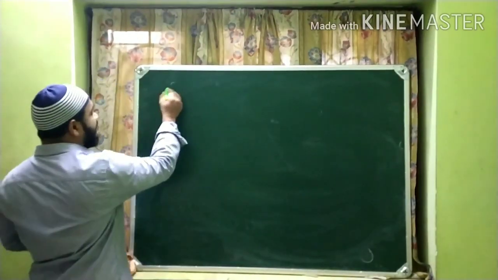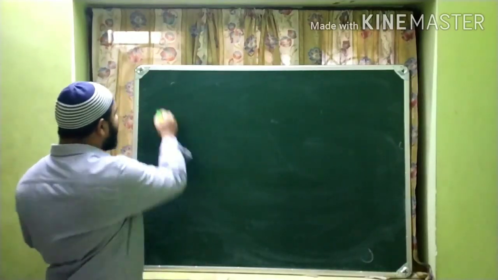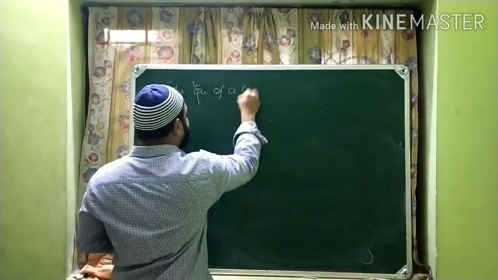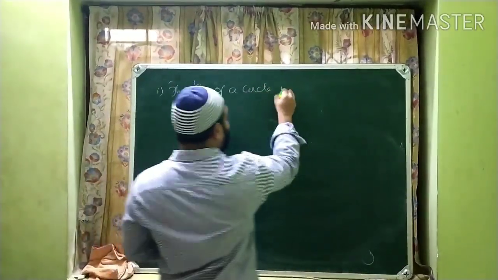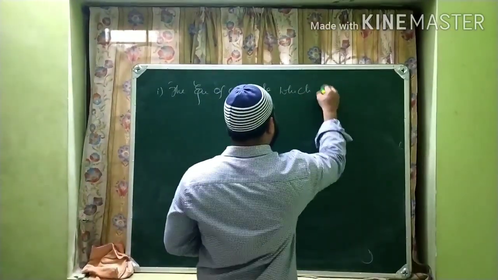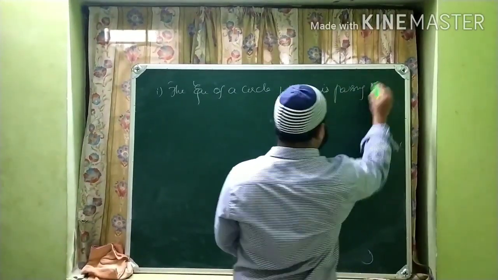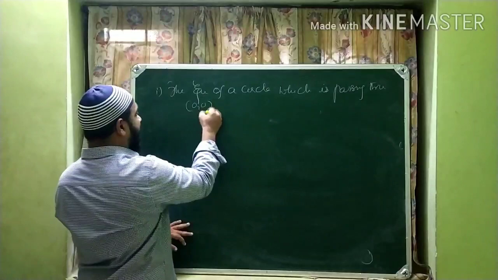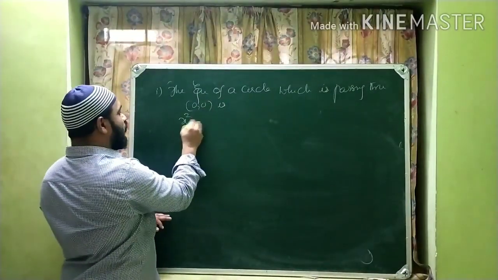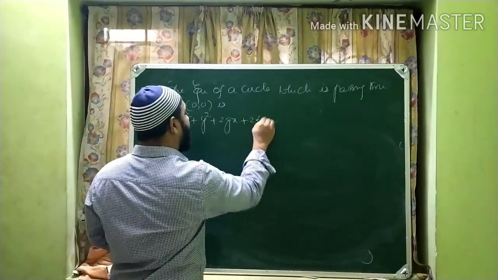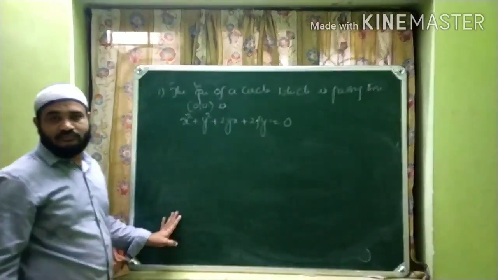Now, let us see the subcases. The equation of a circle which is passing through 0 0 is x square plus y square plus 2gx plus 2fy equals 0.